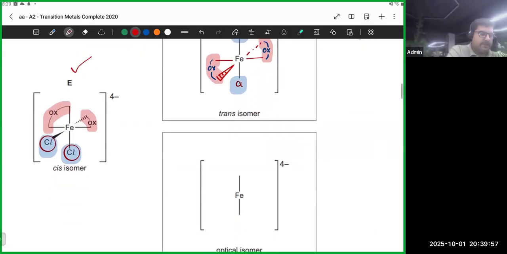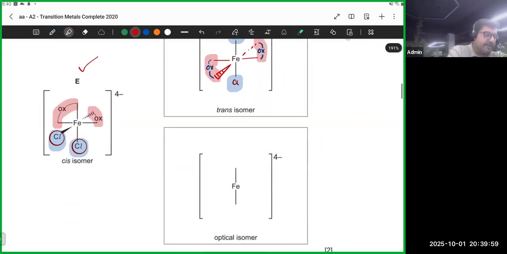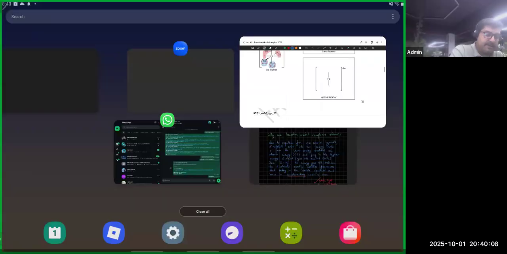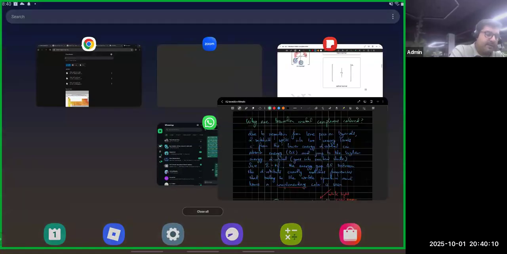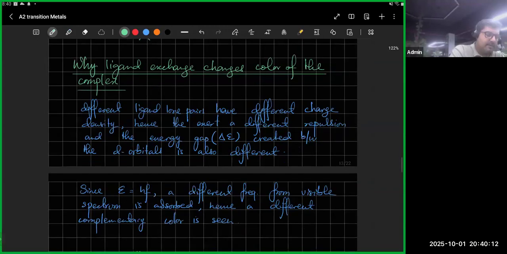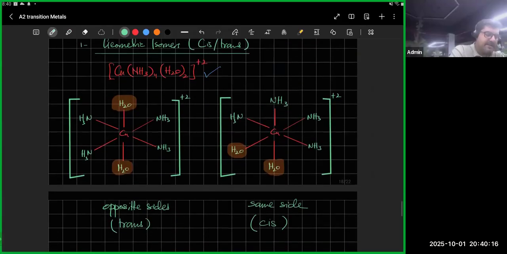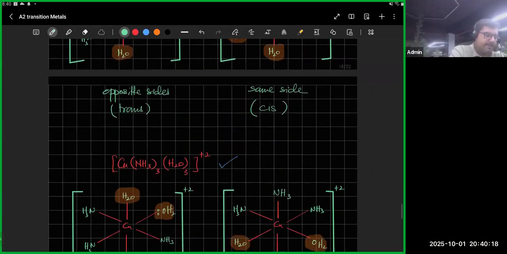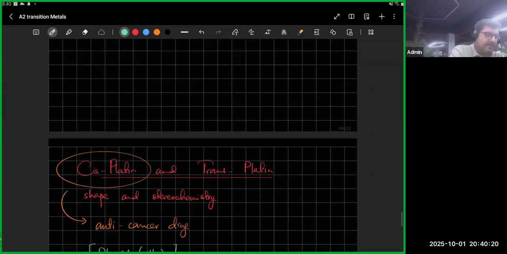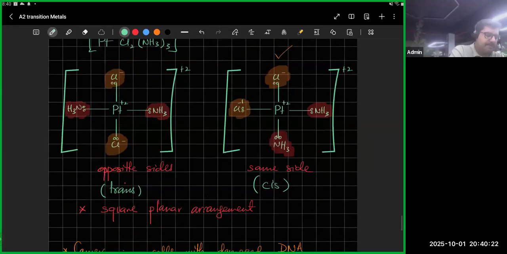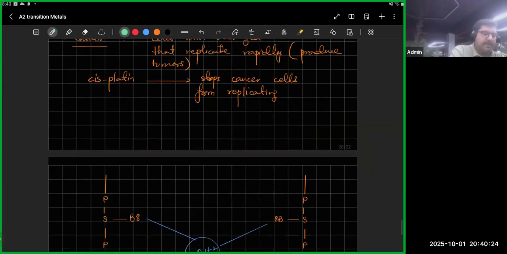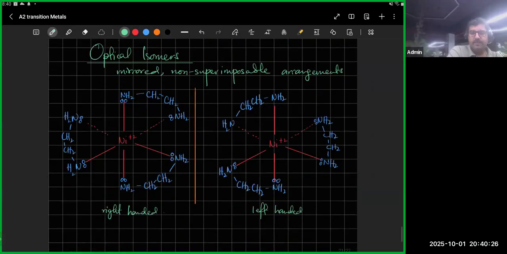The other one is you have to draw the optical isomer. Now remember this, the optical isomer happens when you have bidentate ligands, which we did right at the end when we were doing bidentate ligands, and I told you about cis-trans and mirrored versions.